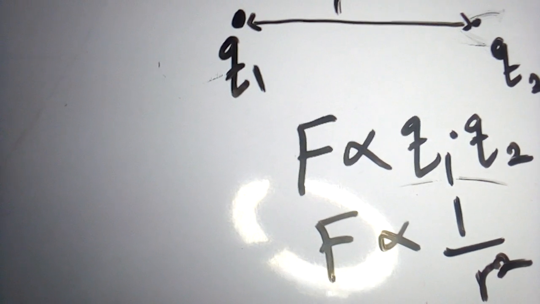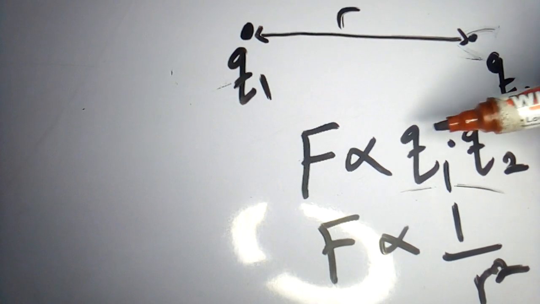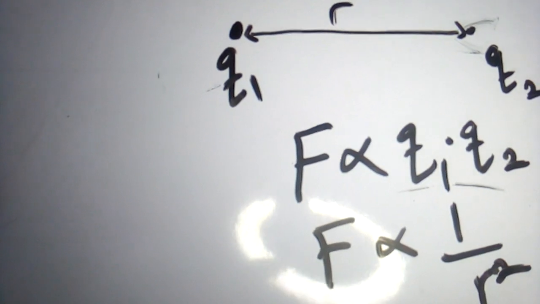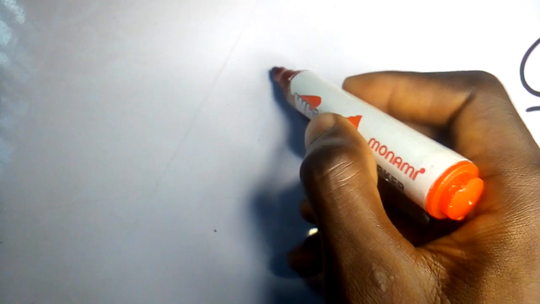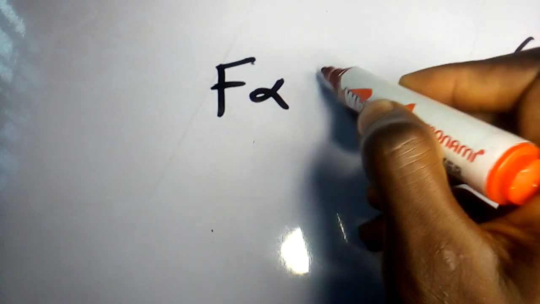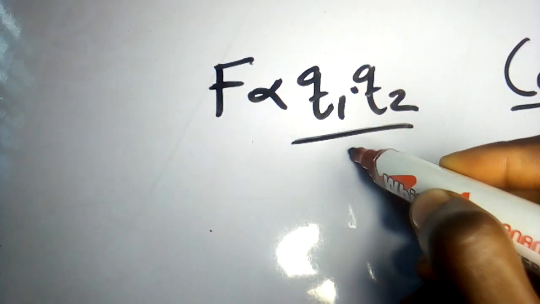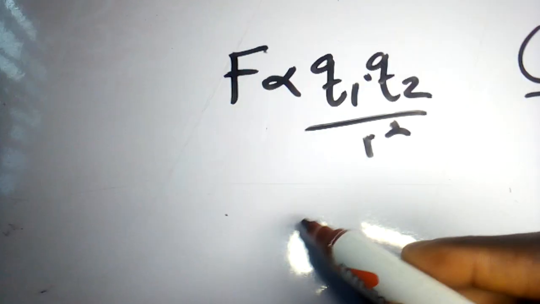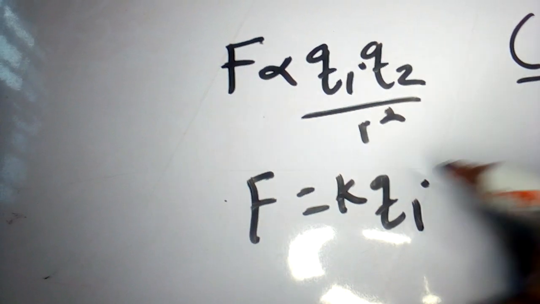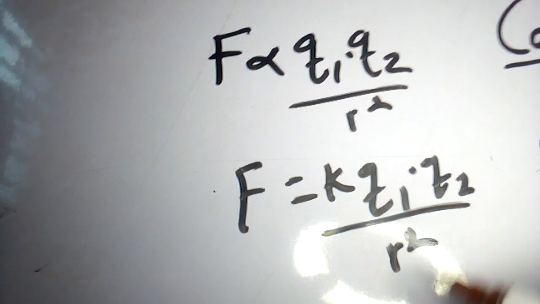We merge these two expressions together in a joint variation, so F is directly proportional to Q1 Q2 over r squared.